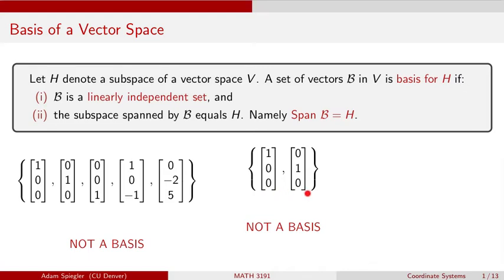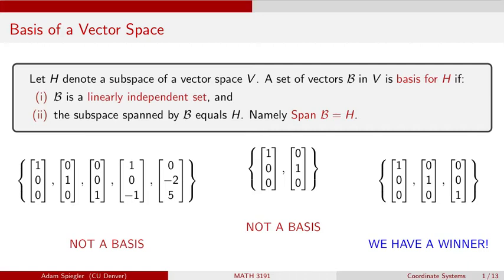So this would not be a basis for R3. However, if we add one more vector, the third standard column vector, then we have a winner. And so this set of 3 standard column vectors is the standard basis for R3.